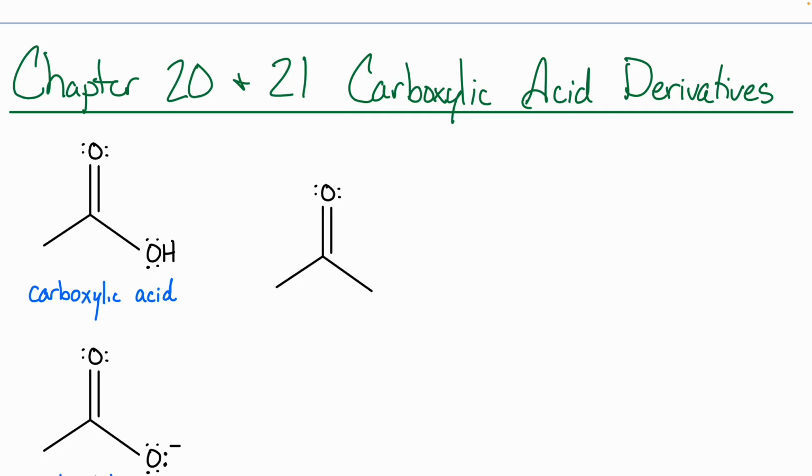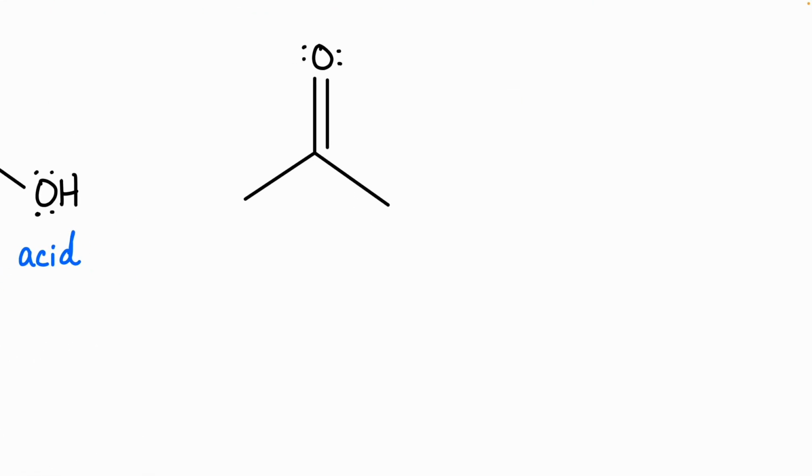The first one we're going to talk about is if we swap it out for one of those electronegative halogens. So we're just going to put a generic X here, where X is some halogen. These are what we call acyl chlorides, or rather acyl halides.